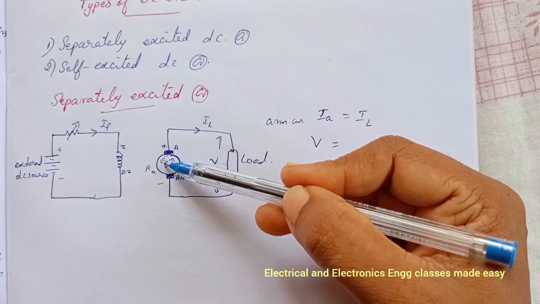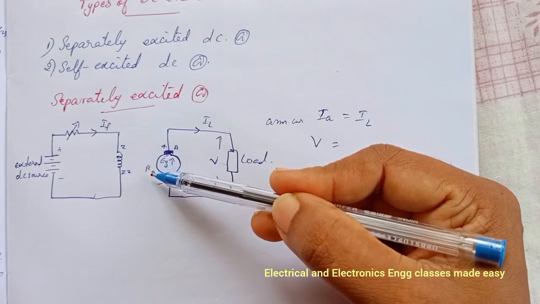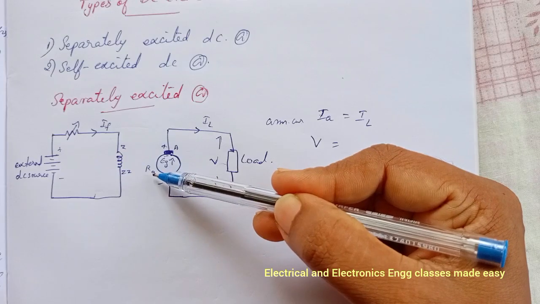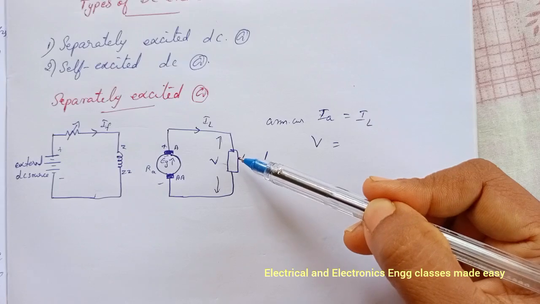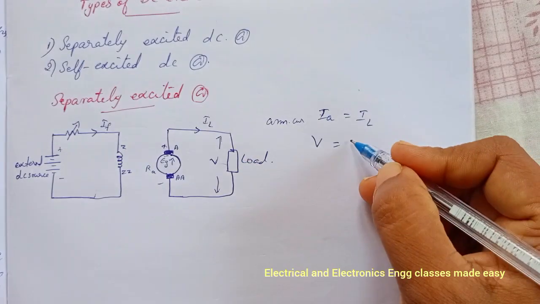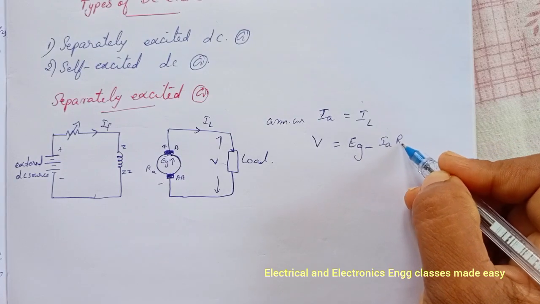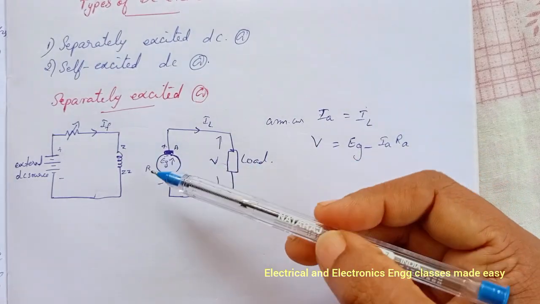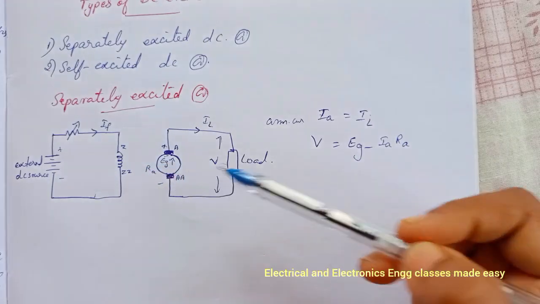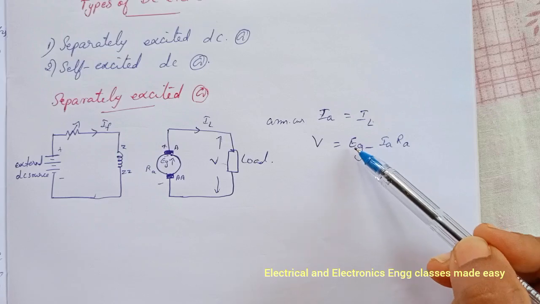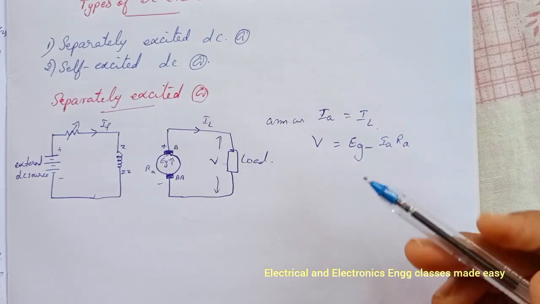Here EG is the generated EMF and RA is the armature resistance. So the terminal voltage V will be equal to EG minus IARA, because there will be a drop in the armature resistance. So we have to subtract that drop to get the terminal voltage V.